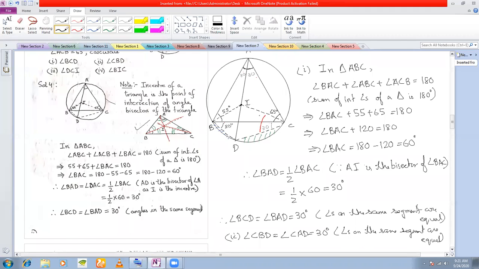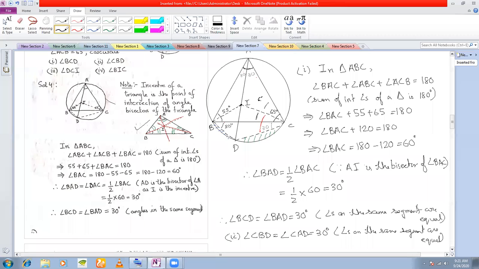See that CI, this dotted line here, CI. Look at the dotted line CI. CI passes through the incenter of the triangle. That means CI must be the bisector of this angle. That means these two angles are equal. This angle and this angle are equal. And what is this angle?